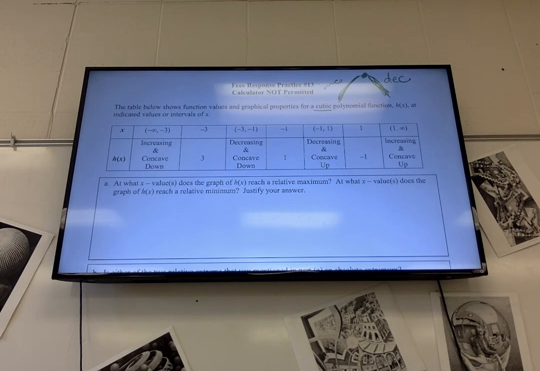So we can see, where is it changing? At what point does it change from increasing to decreasing, or what x value? No, it's going to be 1 point, because a maximum is not a range. A maximum is just the top of something.